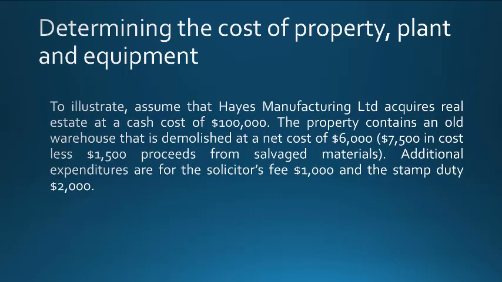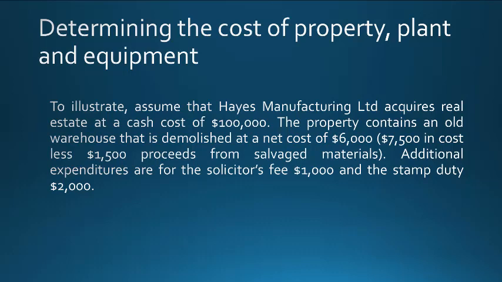Now, to illustrate, assume that Hayes Manufacturing Limited acquires real estate at a cash cost of $100,000. The property contains an old warehouse that is demolished at a net cost of $6,000. Initially it has a $7,500 cost less the savings or proceeds of $1,500.